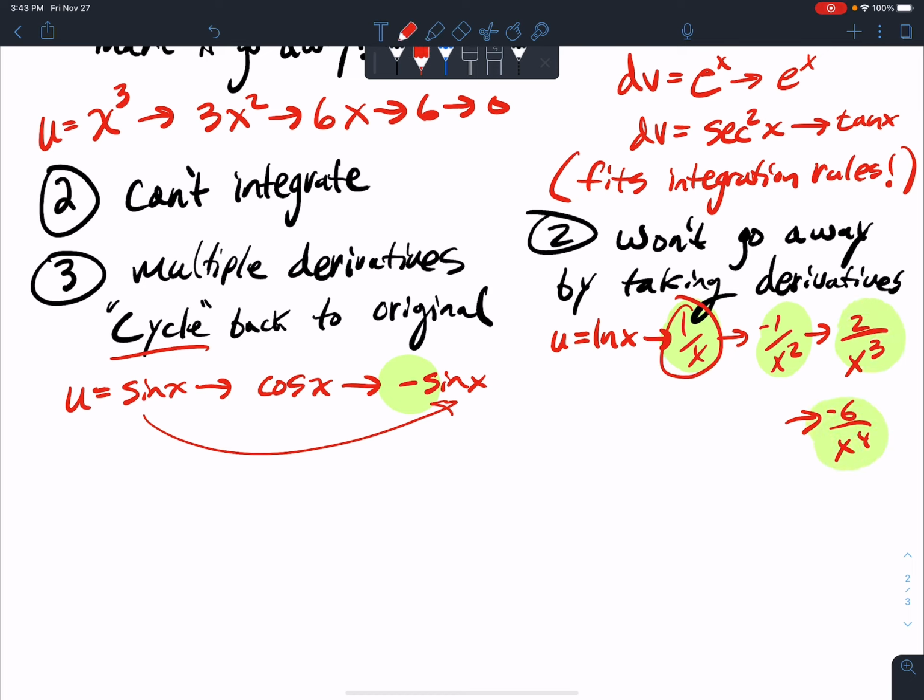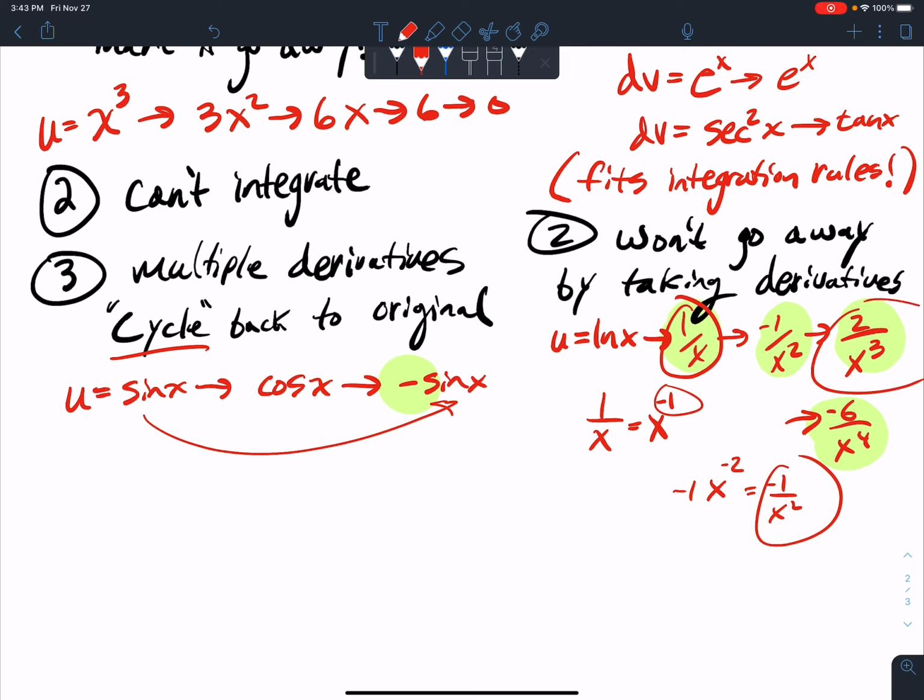How would you take the derivative of 1 over x? Well, what I would do is convert this to x to the negative 1 and then use the power rule. Power rule says bring the exponent out front and then subtract 1 from the exponent. And so, yeah, that's negative 1 over x squared. And you can just play that game to keep getting the next and the next and the next after that, right?